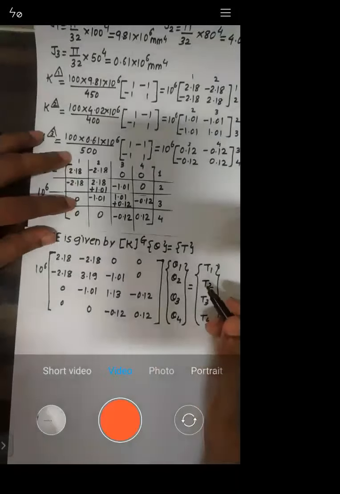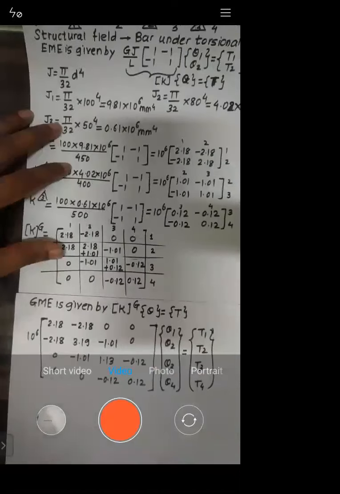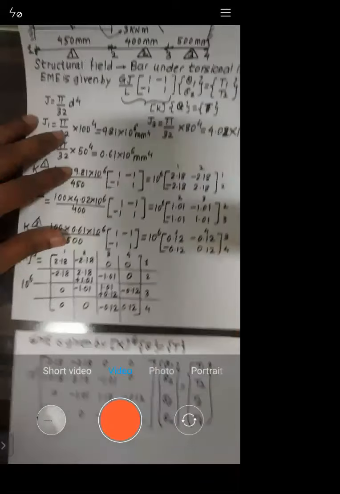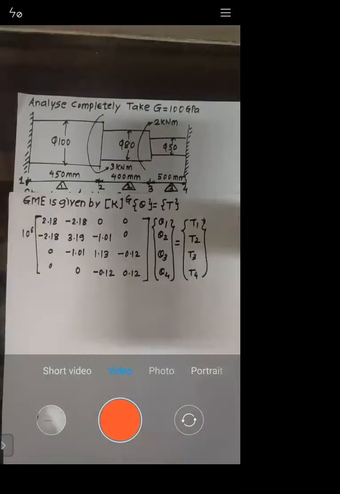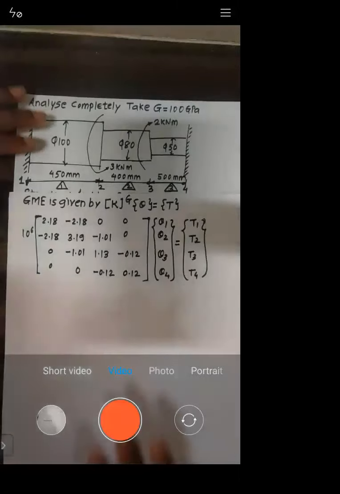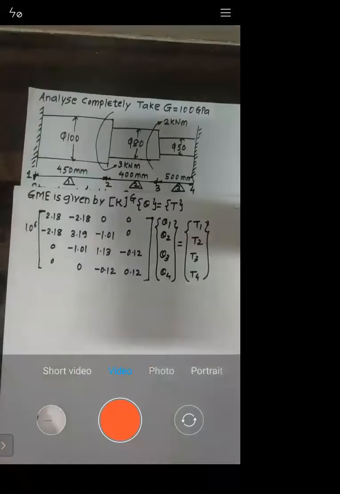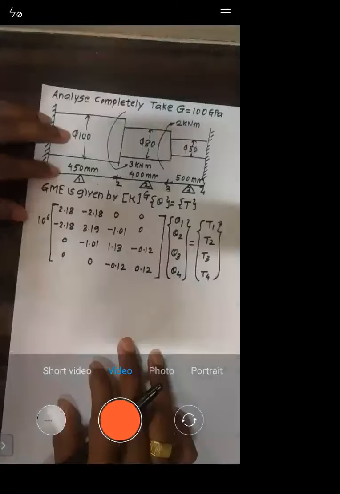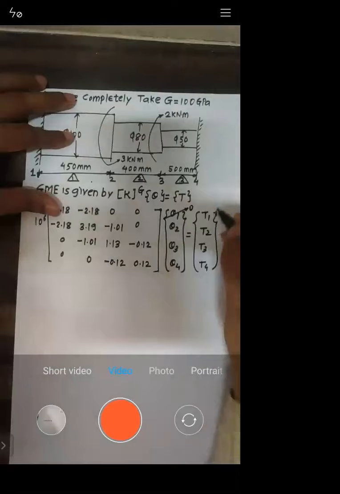Before solving, what do we used to do? Can you give some idea regarding boundary conditions? Can you see this diagram? The first and fourth nodes are fixed. That means theta 1 and theta 4 are 0, because the displacement at a fixed node is 0.